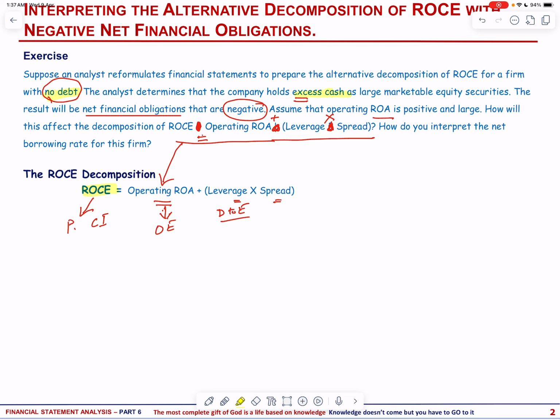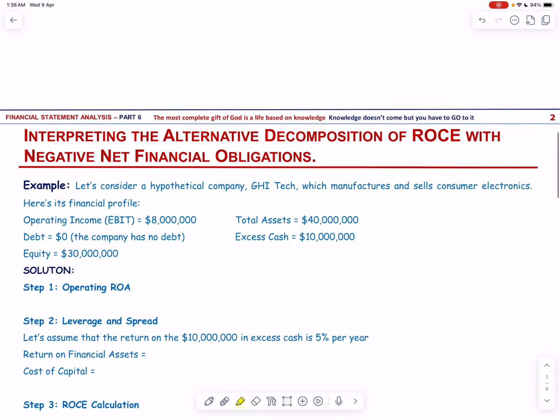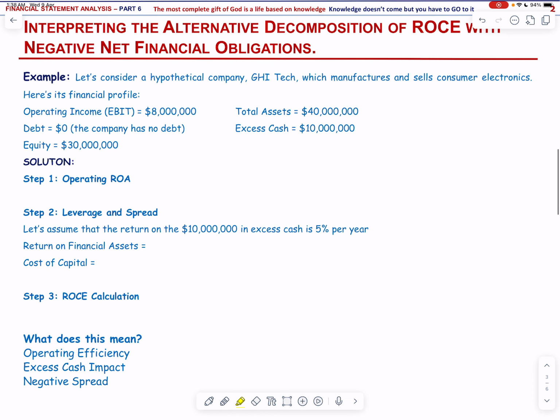And so let's break down how this negative net financial obligations, that is holding more cash than debt, influences the components of ROCE. And here we have taken a hypothetical example. Here we have a manufacturer that sells consumer electronics. And here is the financial profile.